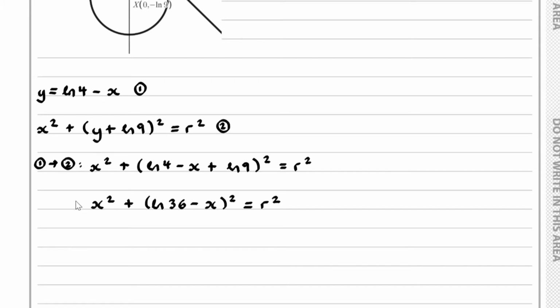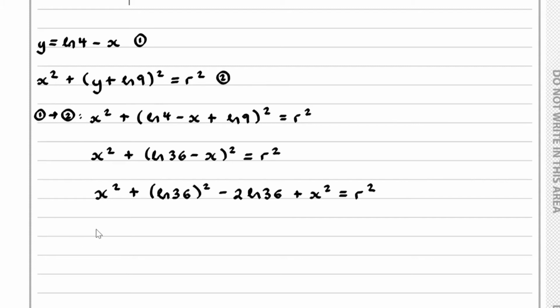So if we expand this out, well, we've got the x squared, and then expanding natural log 36 subtract x all squared, we end up with natural log 36 squared subtract 2 times natural log of 36 times x plus x squared. This is equal to r squared.